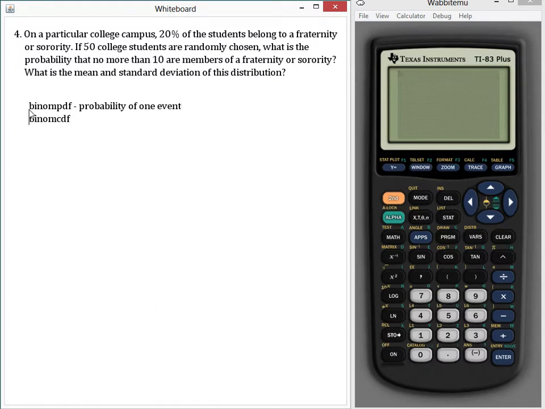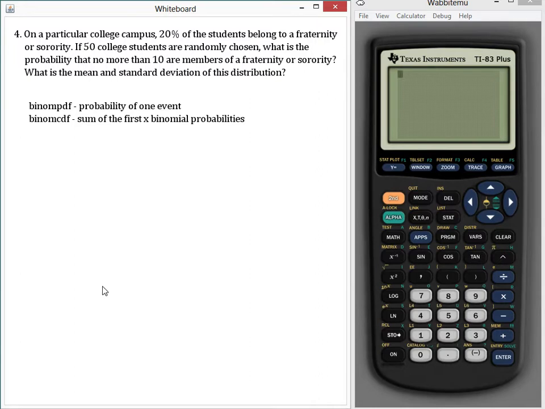So if we want the probability that exactly 10 members are of a fraternity or sorority, something like that, then we'd be using Binompdf. But here, since we have no more than, we're definitely going to be using Binomcdf, because this does a sum of the first x binomial probabilities. So Binomcdf is obviously what we want to use here.